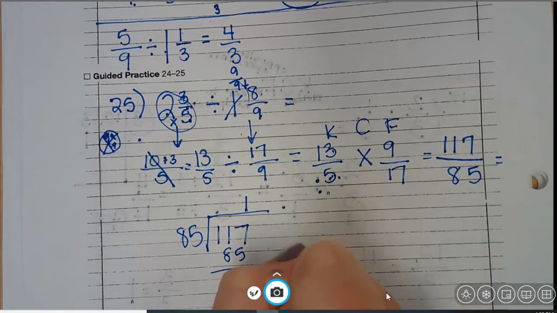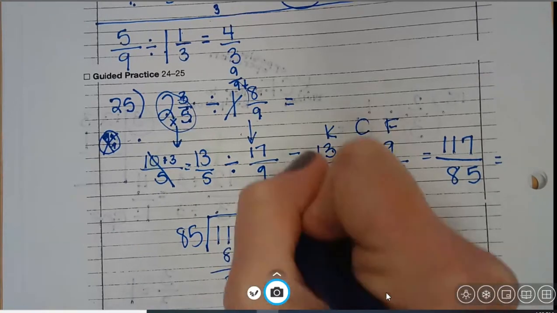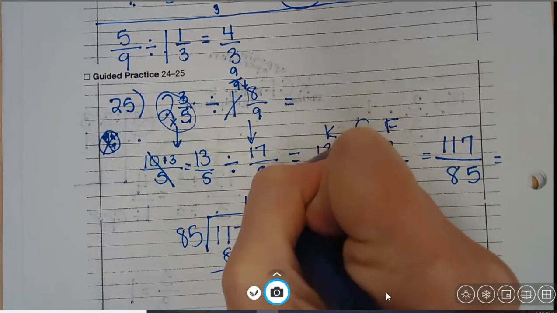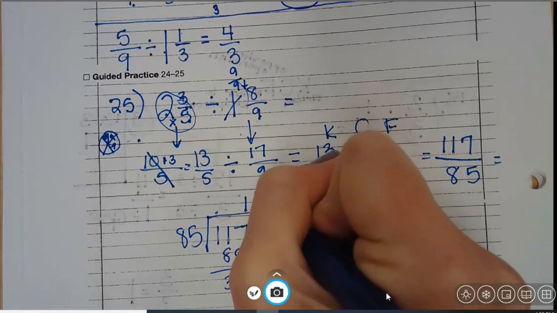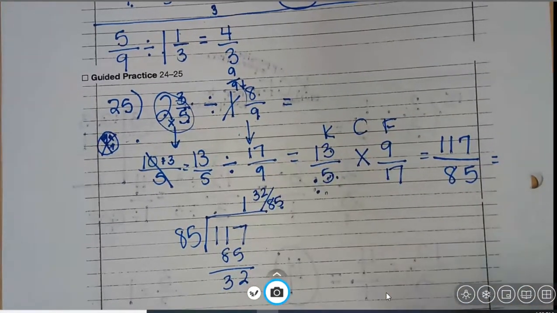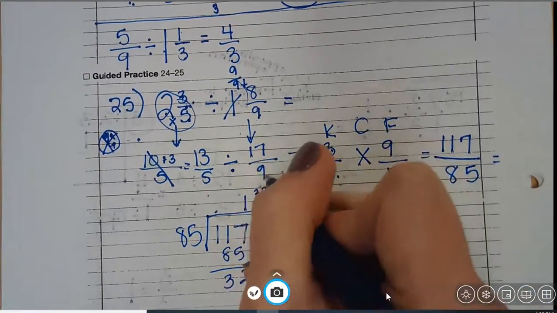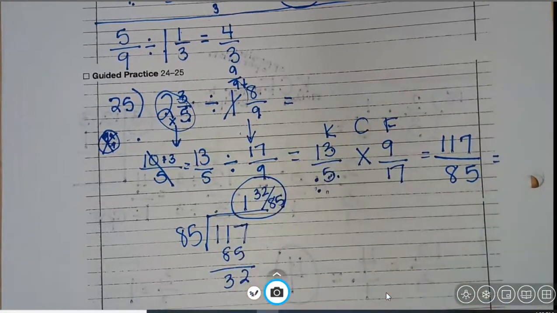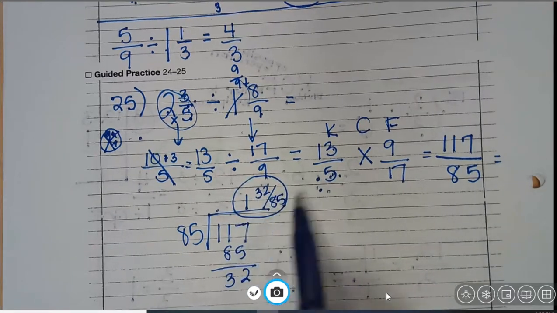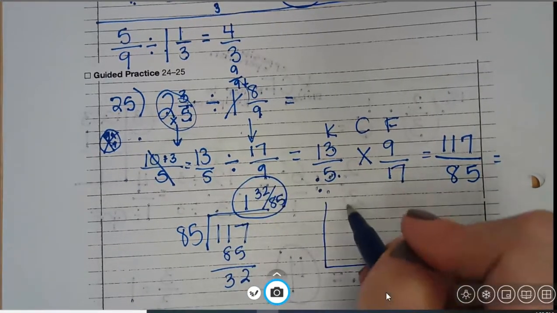And then you would just see if you can simplify that, which you cannot. So your answer is 1 and 32 85ths. Again, to know if you could simplify that, you could check for prime numbers that could be factored out and find the greatest common factor to simplify your fraction.